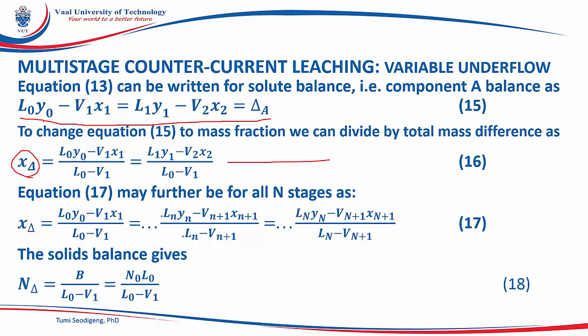If you look at it, it is just saying X delta is equal to the difference in the fraction of A, divided by the difference of the total solution balance. Okay.